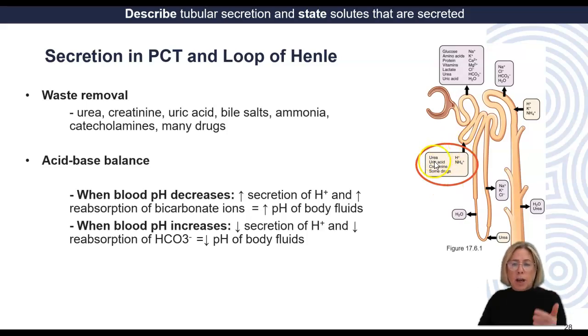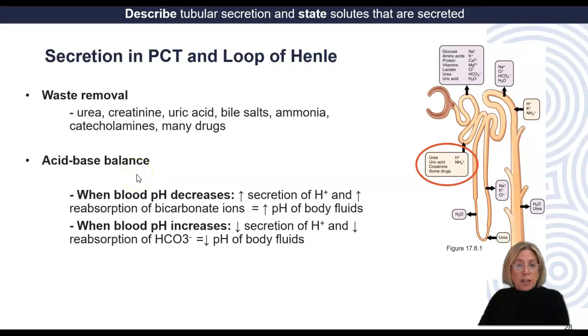So things like urea, creatinine, uric acid, bile salts, ammonia, the catecholamines, so noradrenaline and adrenaline, and many different drugs as well. And this is how they're permanently removed from the body. I should have pointed out as well, some urea there getting secreted in the loop of Henle.